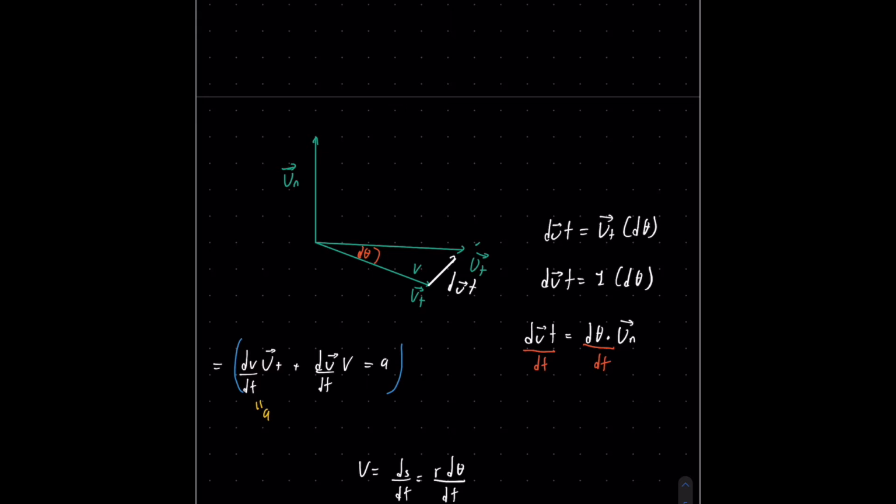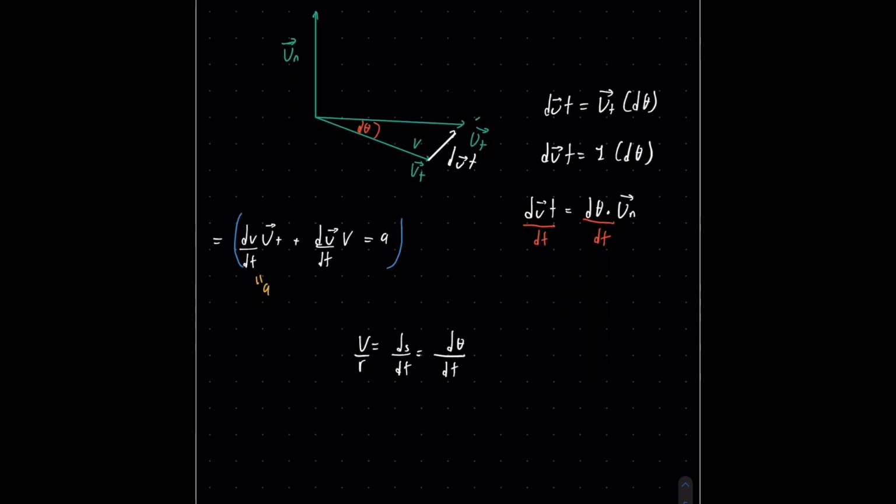We want to solve for d theta over dt. Well, that's easy. We just move the radius over to this side, and d theta over dt is going to be equal to the velocity over the radius. And that can be plugged in here.